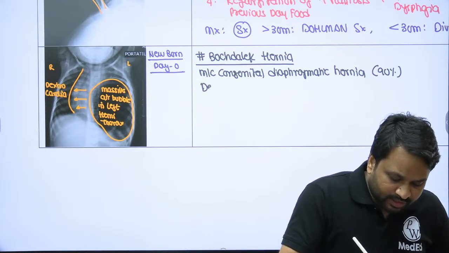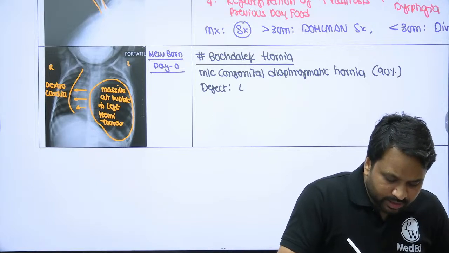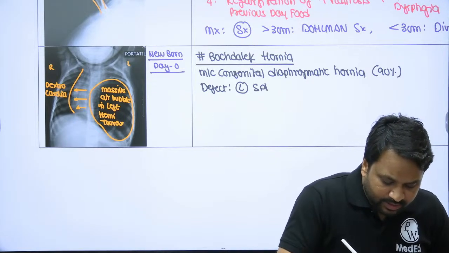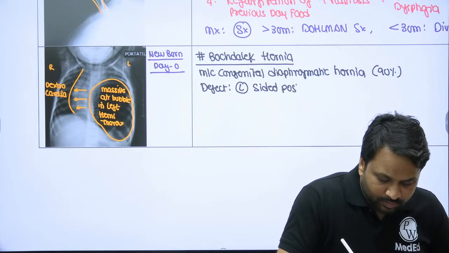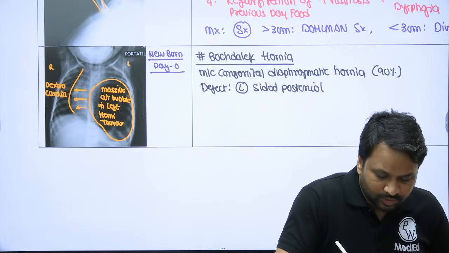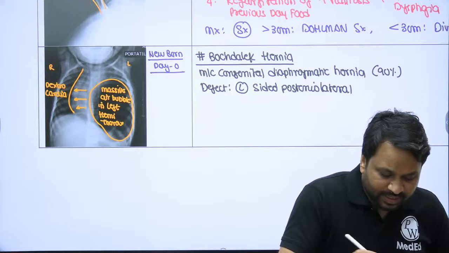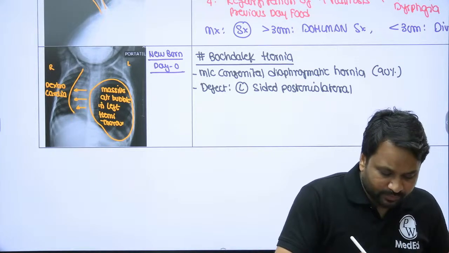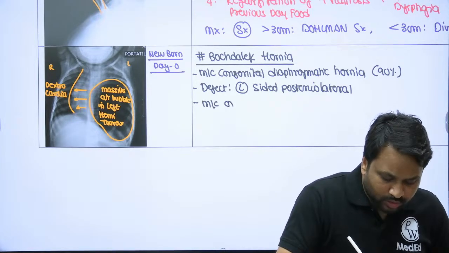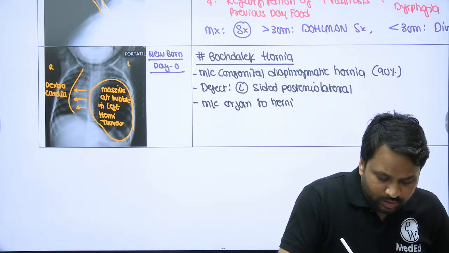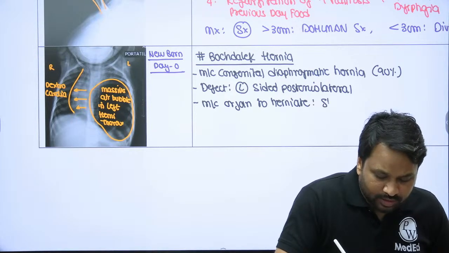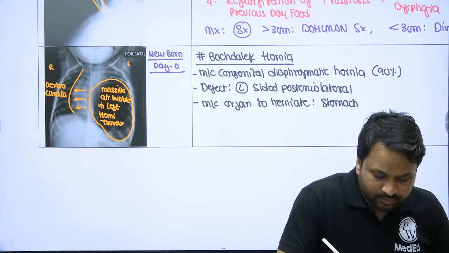The defect in Bochdalek hernia is left-sided, a posterolateral defect. The most common organ to herniate is going to be the stomach.